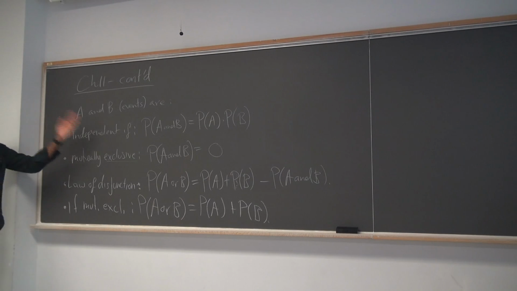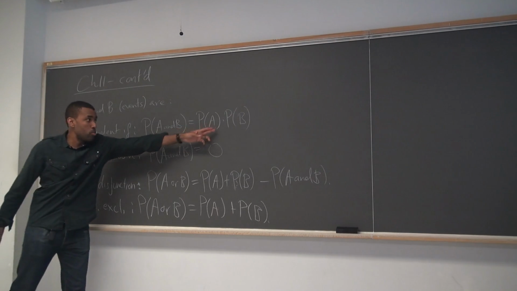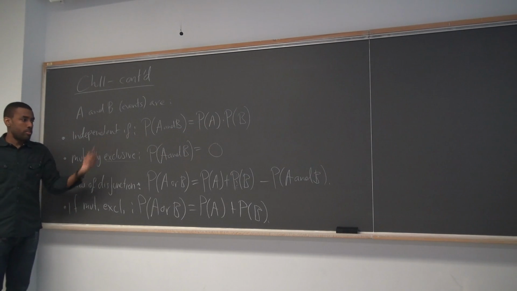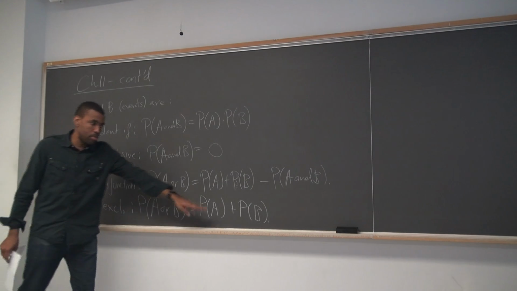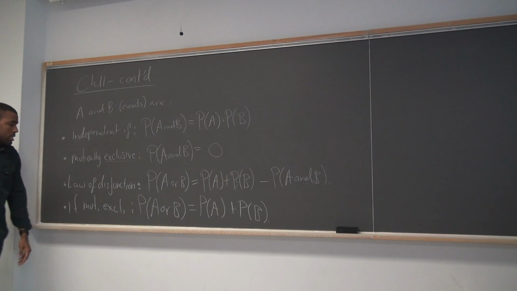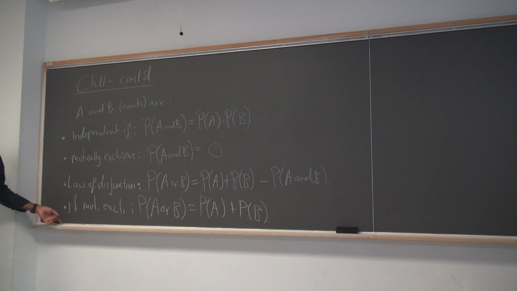So if you want to know probability of something and something happening, you just multiply them. Once you know one thing doesn't affect the other. Right? Something or something, if you know two things cannot happen at the same time, you just add the probabilities. Multi-staged experiments are both. Right?